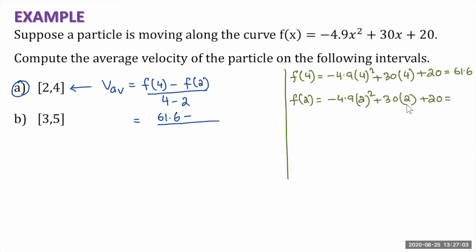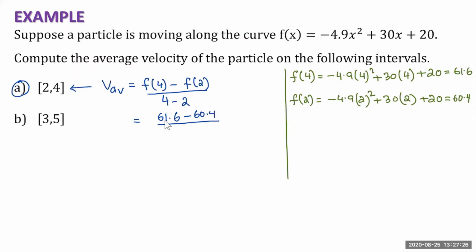Simplifying this using a calculator, I got 60.4. So f of 2 is 60.4. Let me write that value, 60.4.